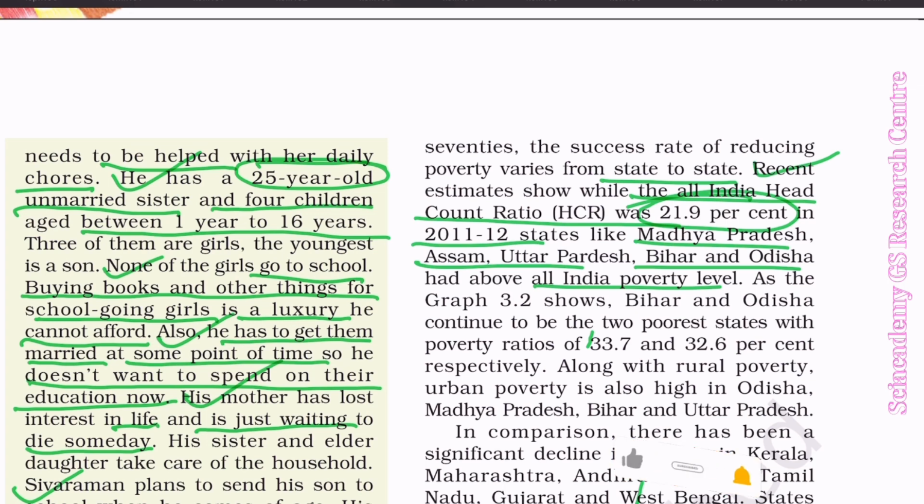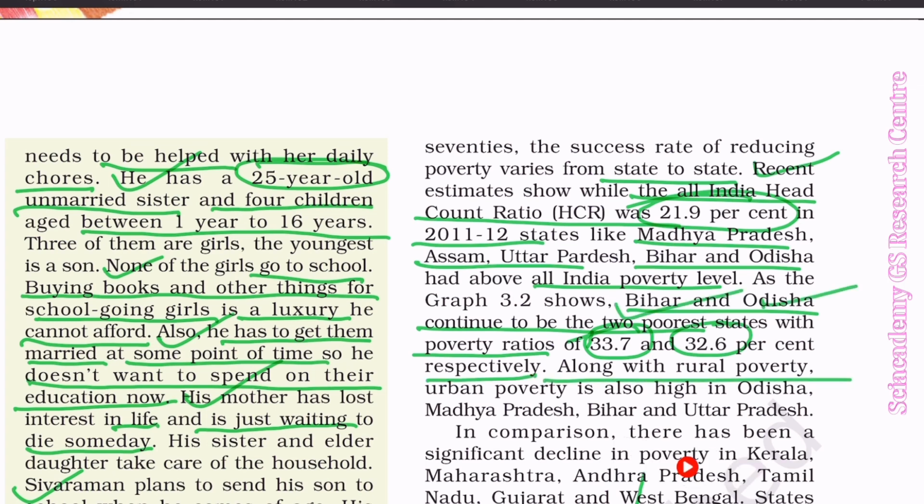As graph 3.1 shows, Bihar and Odisha continue to be the two poorest states with poverty ratios of 33.7 and 32.6% respectively. Along with rural poverty, urban poverty is also high in Odisha, Madhya Pradesh, Bihar and Uttar Pradesh.